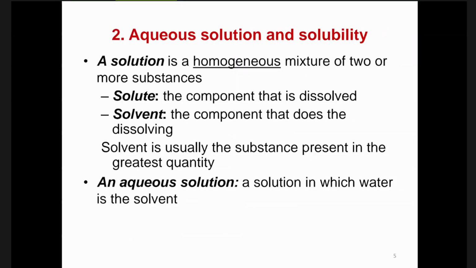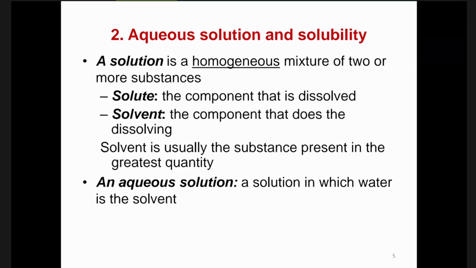Okay, then we move to aqueous solution and solubility. First, what is a solution? A solution is a homogeneous mixture of two or more substances. You need at least two substances. Then in the solution, you have two components. One we call the solute, which is the component that is dissolved.